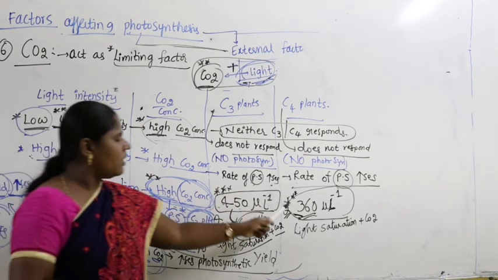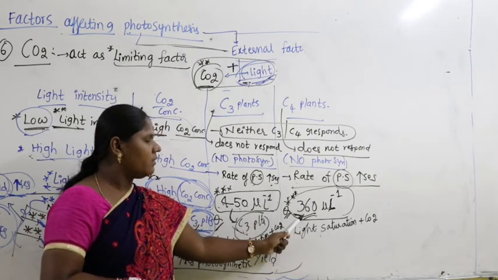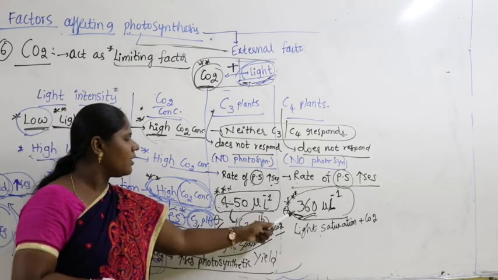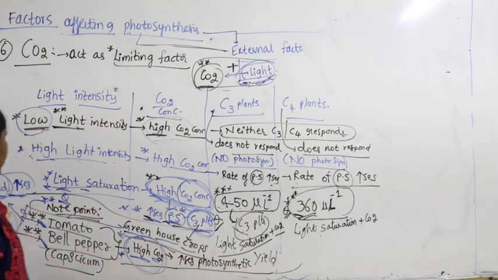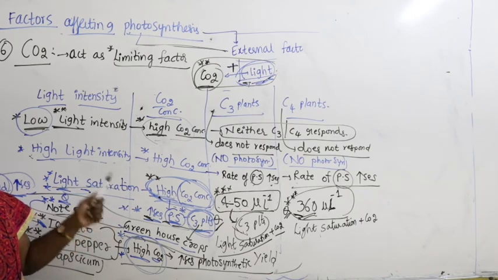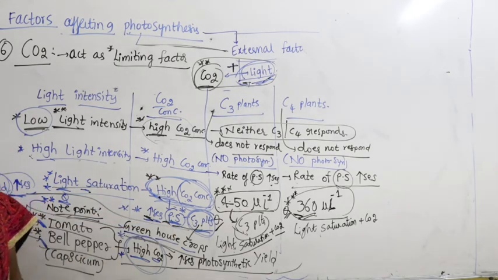Coming to C4, light saturation along with carbon dioxide is 360 microliter inverse. It is very important to remember the values of these two. Very importantly, when high carbon dioxide concentration and high light intensity are there, a drastic rise of photosynthetic yield is observed in C3 plants.